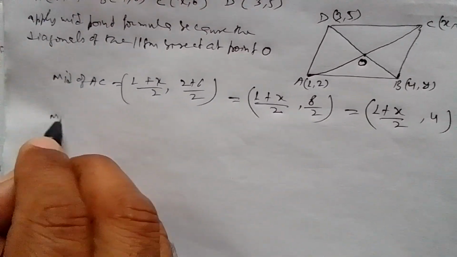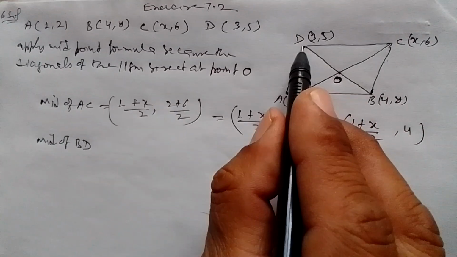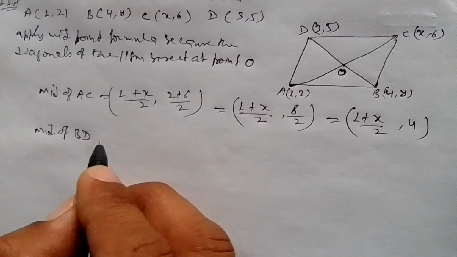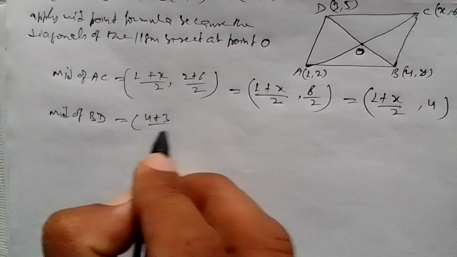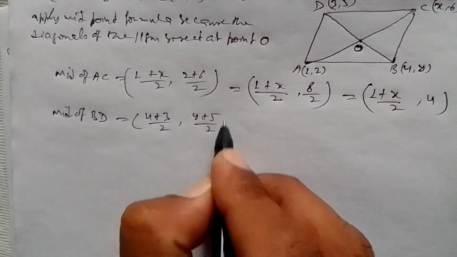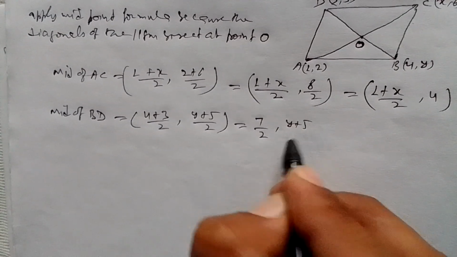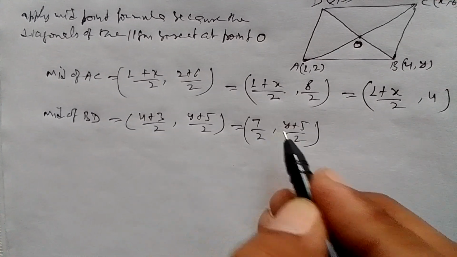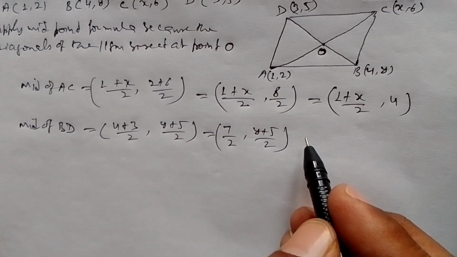Now the midpoint of BD: it is (4 plus 3) divided by 2 comma (y plus 5) divided by 2, which comes out to be 7 divided by 2 comma (y plus 5) divided by 2. So these are the coordinates of the midpoint of BD.